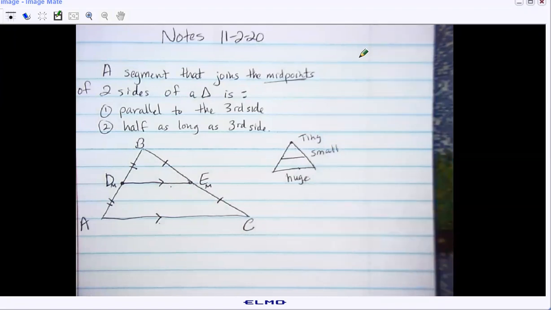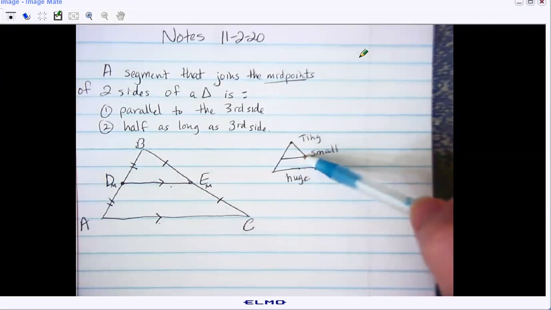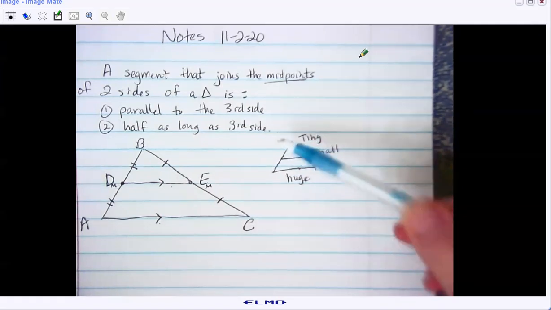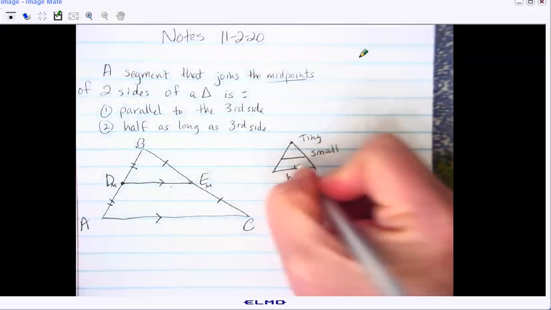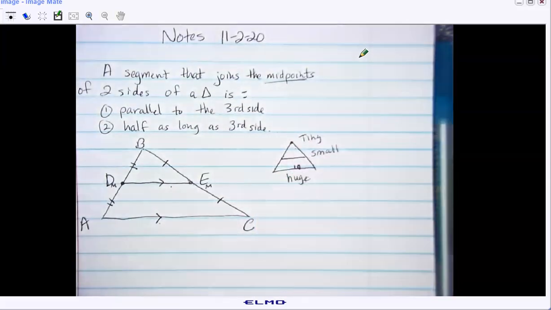So what this says is that the one that joins the two midpoints is half as long as the third side. So if I know that this is 10, what does that make the inside line? How big is the inside line there?